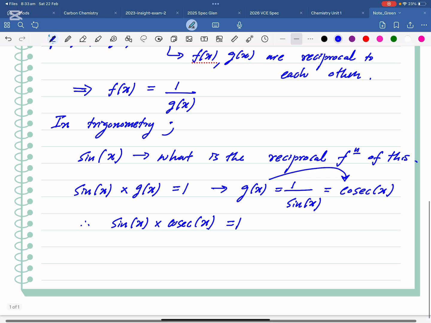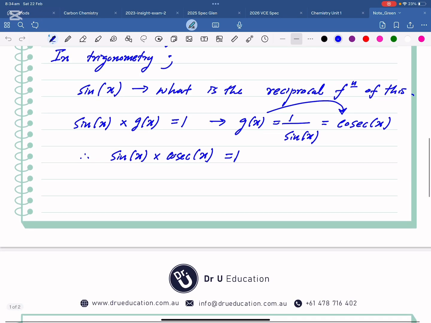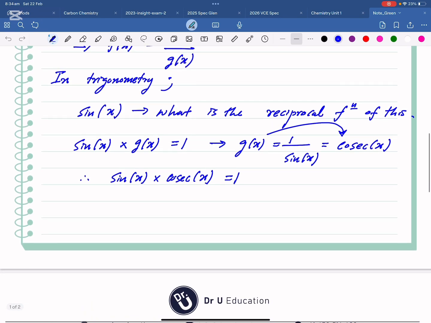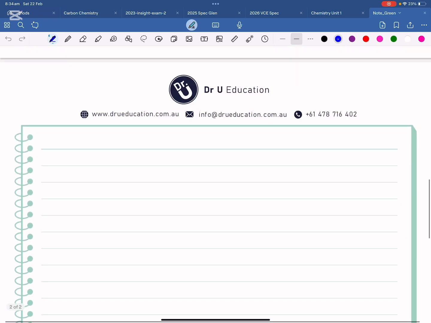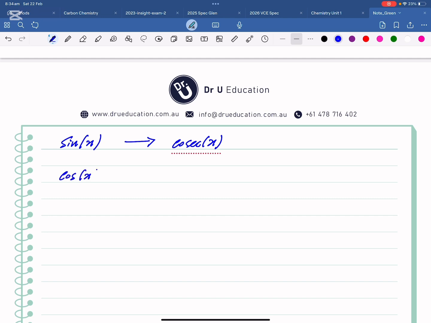Now we know how reciprocal functions work, right? So likewise, this is what we understood. Reciprocal function of sine x is cosec x. Then reciprocal function of cos x is going to be sec x.